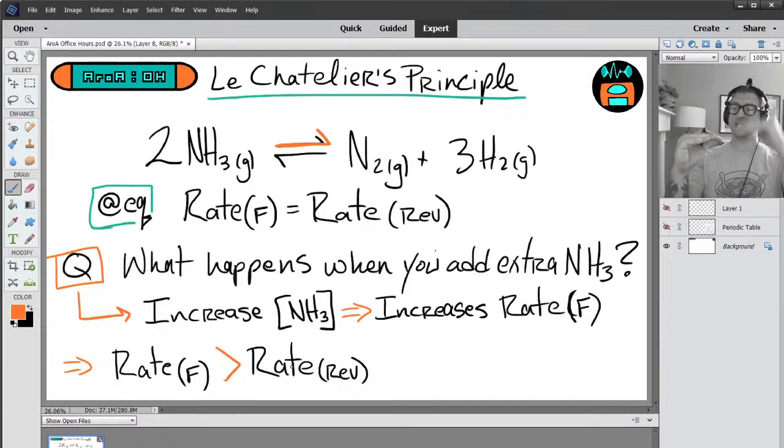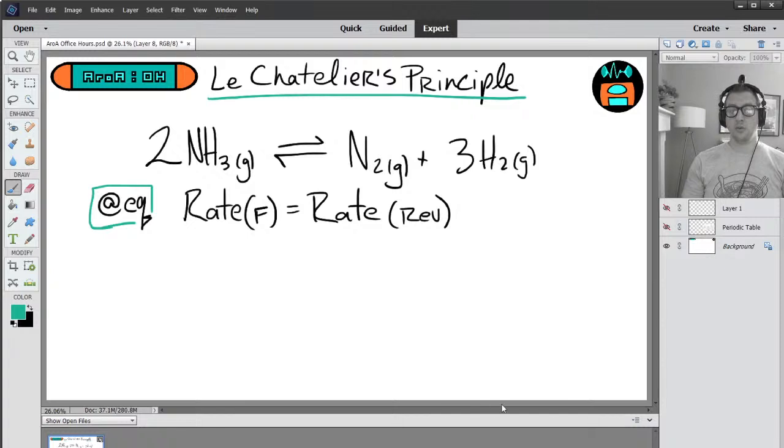So what we had is ammonia got faster, but then it starts falling, nitrogen and hydrogen start rising until the rates are equal again. And that is the equilibrium condition when equilibrium is reestablished. In order for the rates to be equal, the concentration of ammonia will have to decrease while the concentration of nitrogen and hydrogen will have to increase.